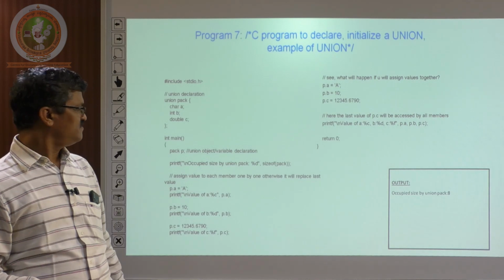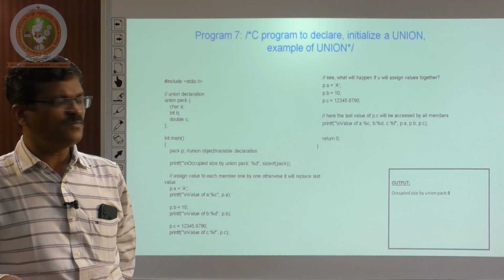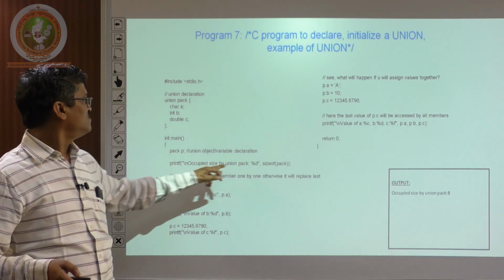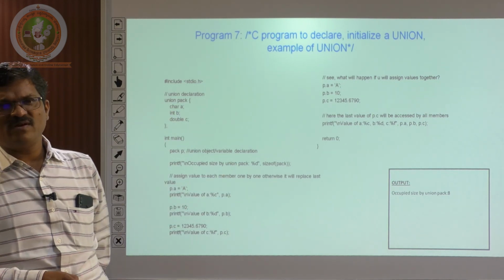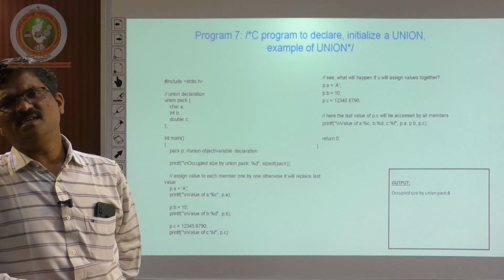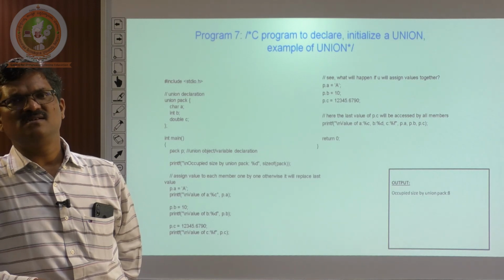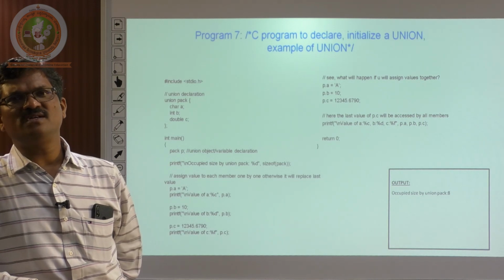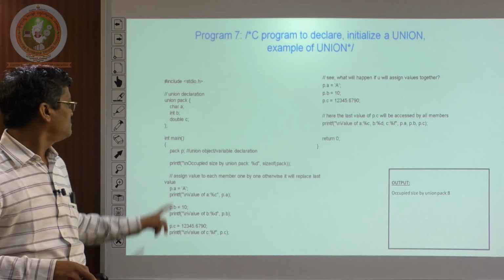So, here the occupied size by union pack will be 8, because A is a character, 1 byte, B is an integer, 4 bytes, and C is a double, which takes 8 bytes, and hence the size of the double C will be allocated as the size of the union. So, hence it is 8.